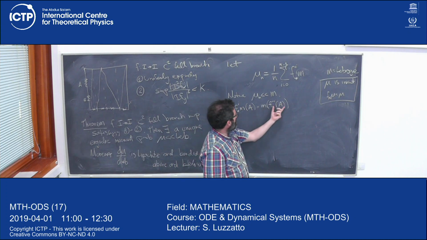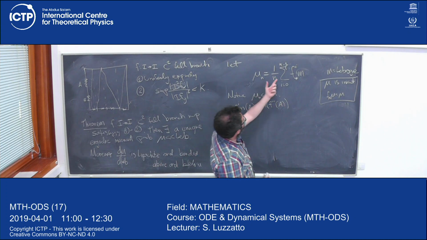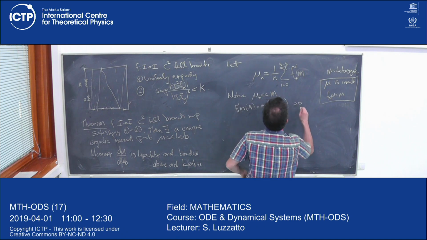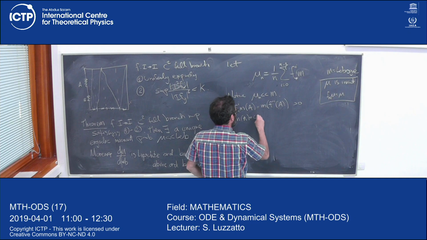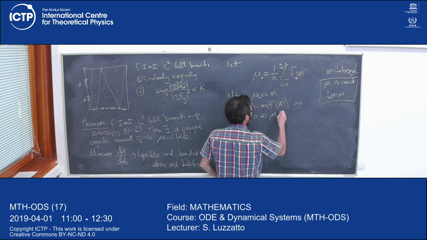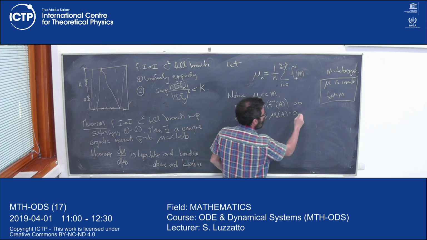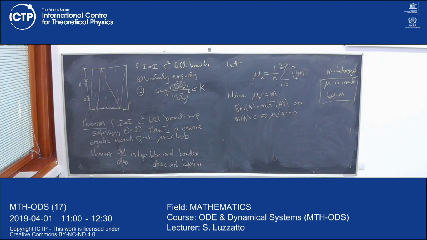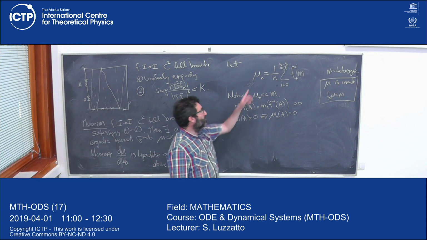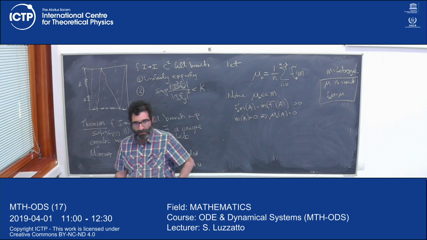So if the measure of A is equal to 0, this implies that mu n of A is also equal to 0. So we have a sequence of measures that is absolutely continuous with respect to Lebesgue.